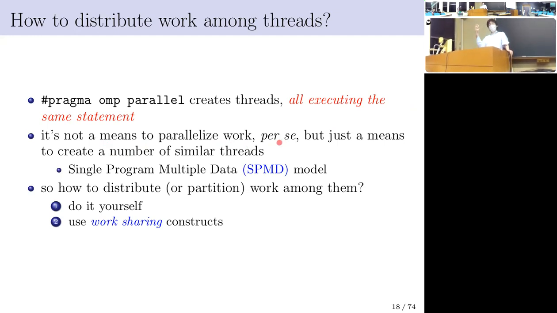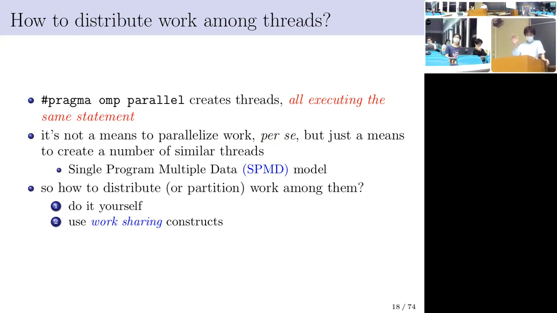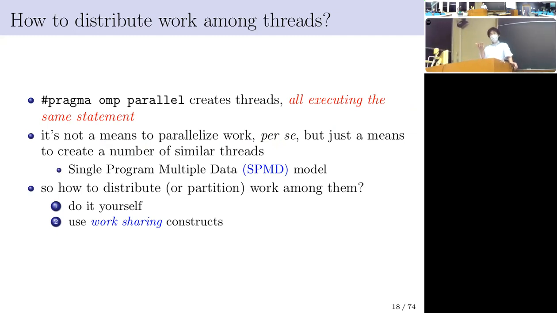Ultimately, the purpose of parallel processing is to reduce the amount of time it takes to do some amount of work. So normally, you need to somehow distribute the same amount of work among threads. But this parallel directive alone cannot accomplish that.